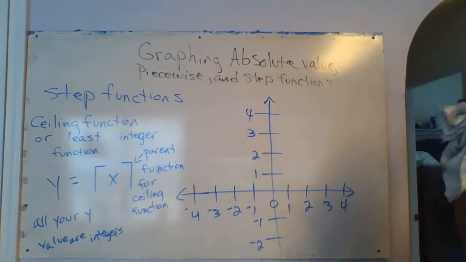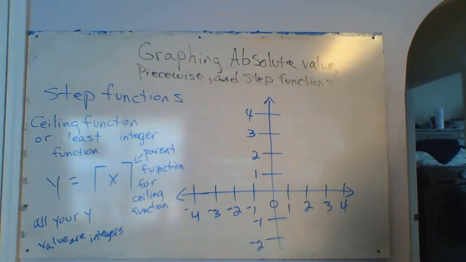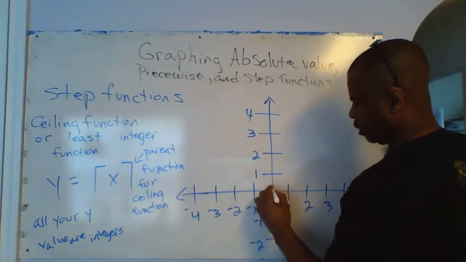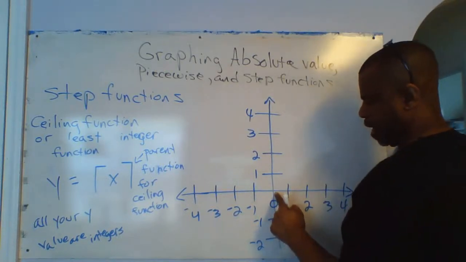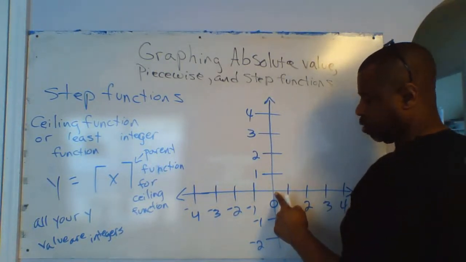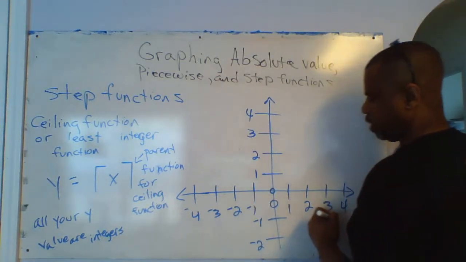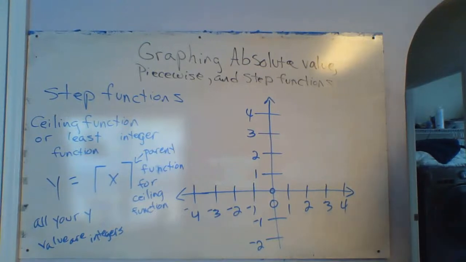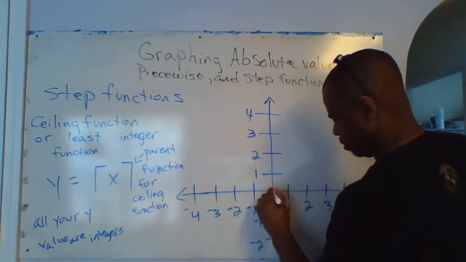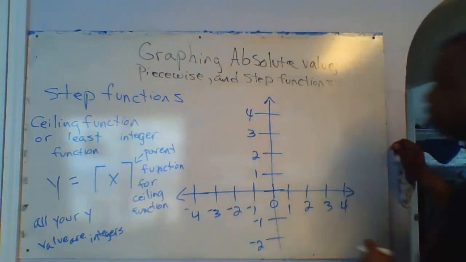All right. So when you do your ceiling functions, what you want to do here, know how we had zero closed here? Well, your zero is going to be open here. And then make sure I do this right.